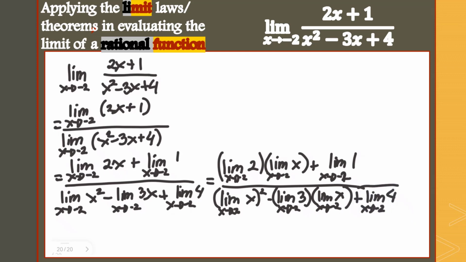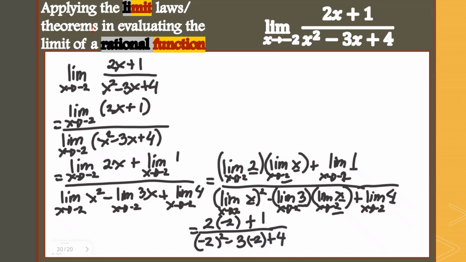Alright, then we solve them step by step. The limit of the constant is 2, the limit of the identity is this, plus the limit of the constant is 1, over the limit of the identity is negative 2, but you need to square that because you have the power there, minus the limit of the constant is the constant itself, the limit of the identity is this value, then plus the limit of 4 is 4 itself.